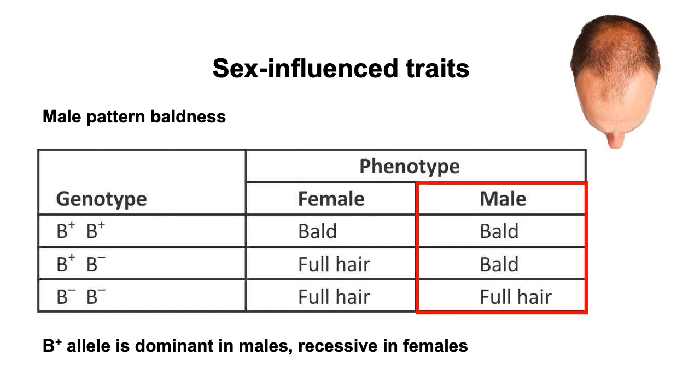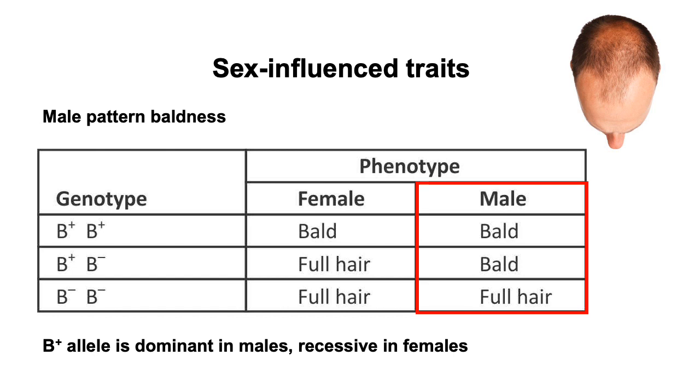Remember, we always look at the heterozygote, and in this case, the heterozygote is similar in its expression to the homozygous for B plus. Therefore, B plus must be the dominant allele in males. And when you look at the homozygote for B minus, you see a different phenotype. So this is clearly showing B plus is dominant in males.